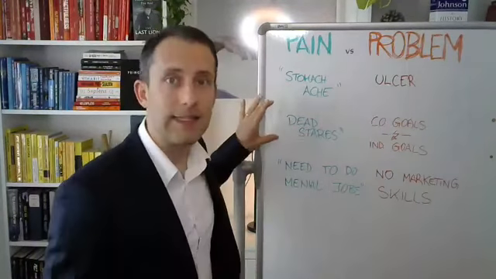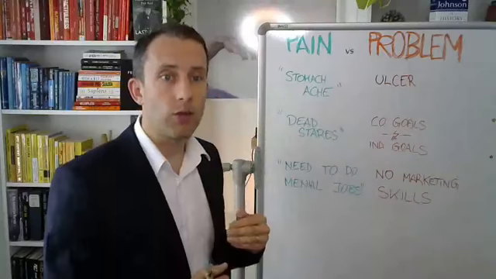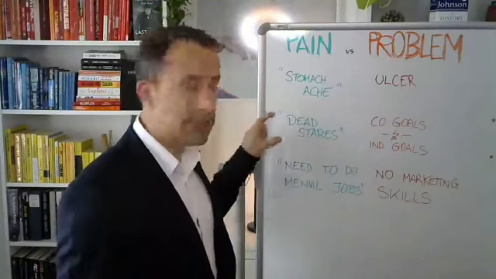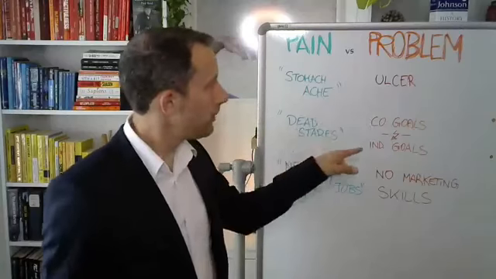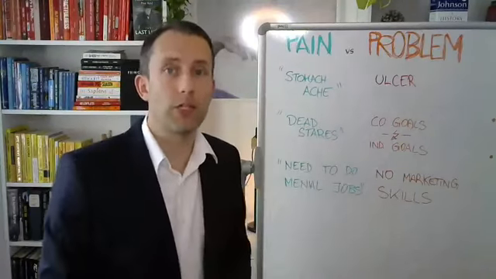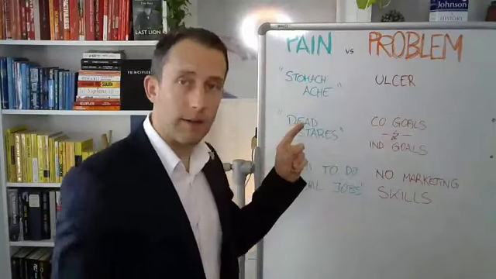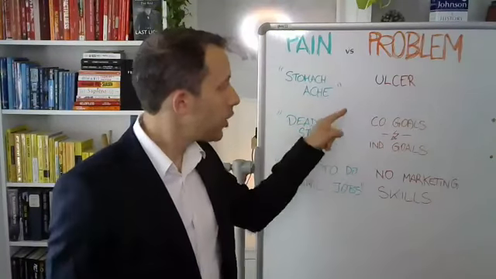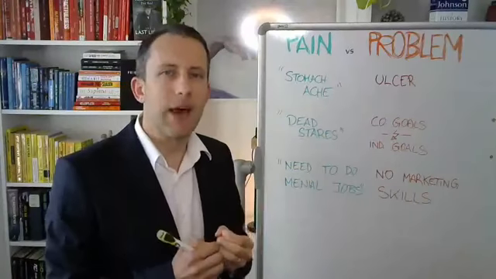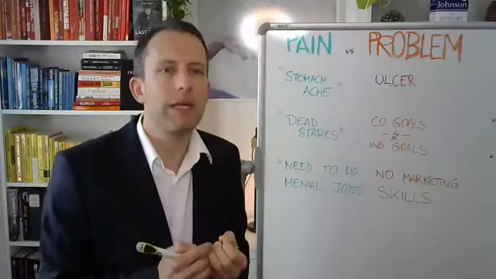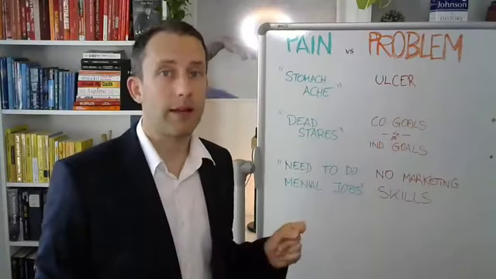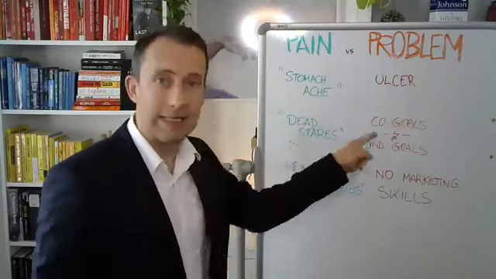However, that is the emotion, that's the pain, to get those dead stares. Okay, so that's the pain. Now the problem could be, for example, we don't know that. We would need to, through a series of questions, understand that. The problem could be that the company goals are not being communicated and broken down into individual people's goals. That could be the actual problem here. We don't know that yet, but it's really important to make this distinction.